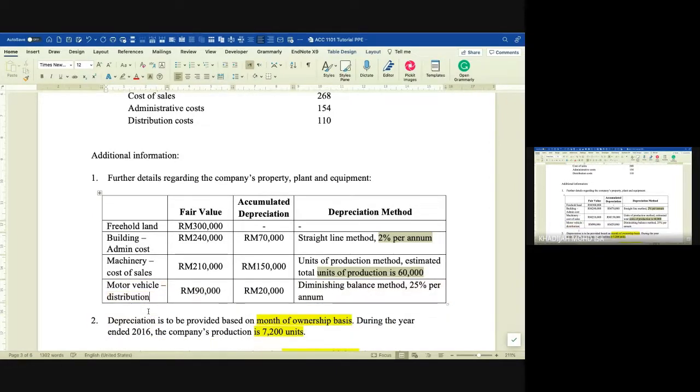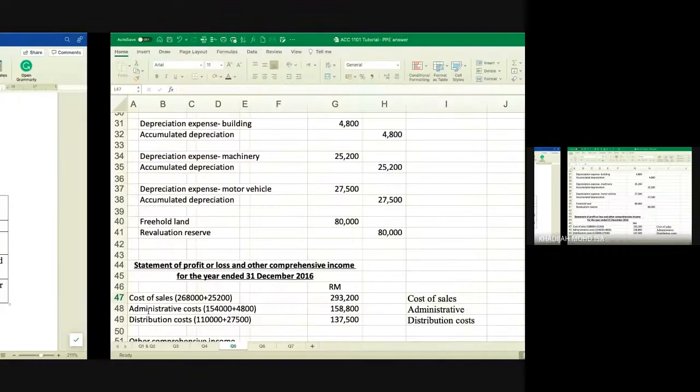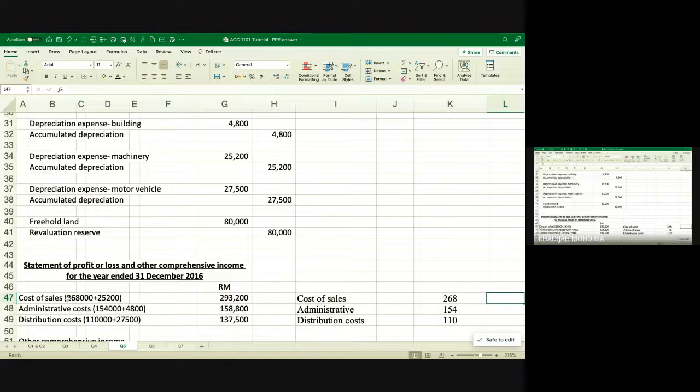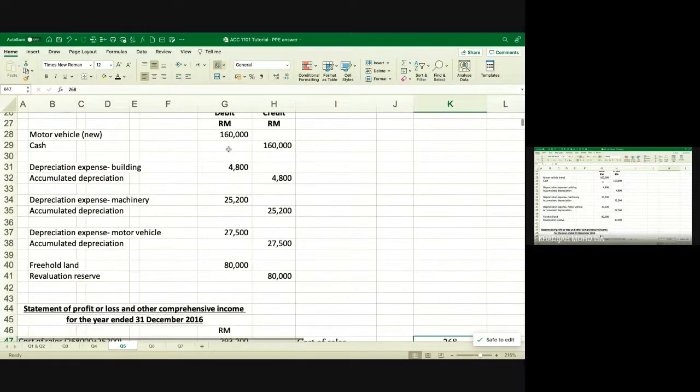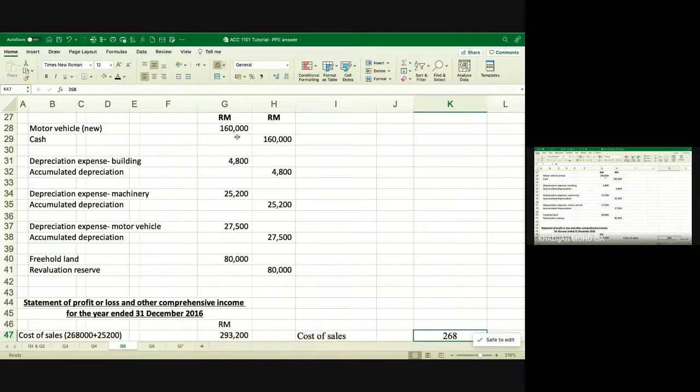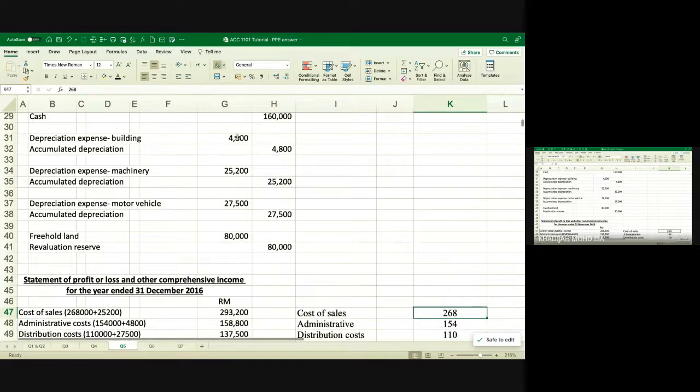Okay, so for example, for the building, cost of sales of the building, it means that initially you have 268. The motor vehicle 160,000 does not involve the SOPL, right?